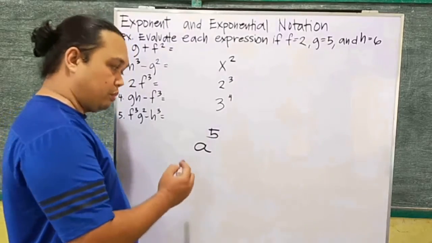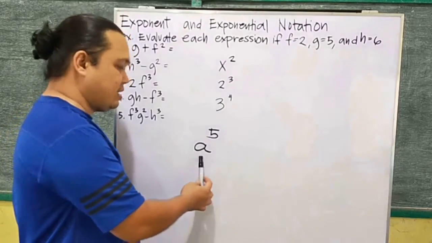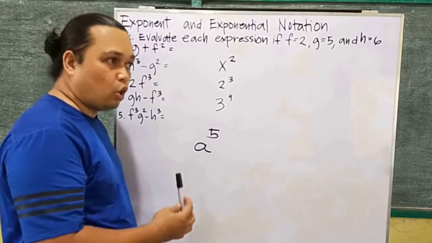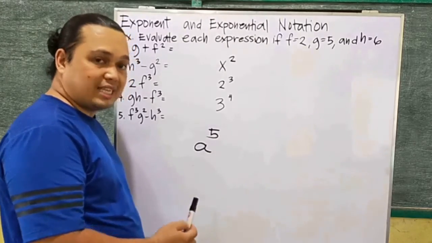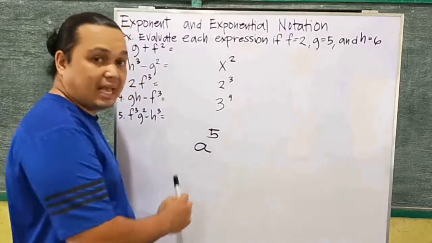What it means is that we are going to multiply a by itself 5 times, or use a as a factor multiplied 5 times.